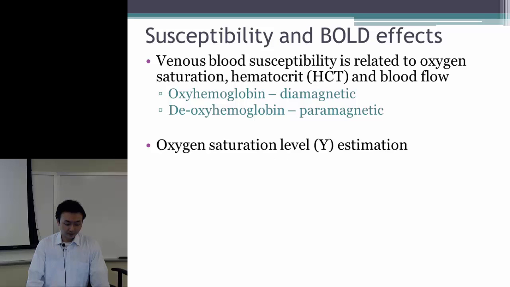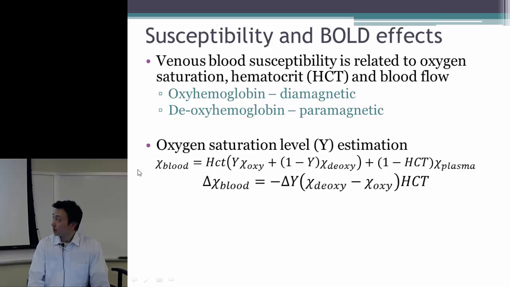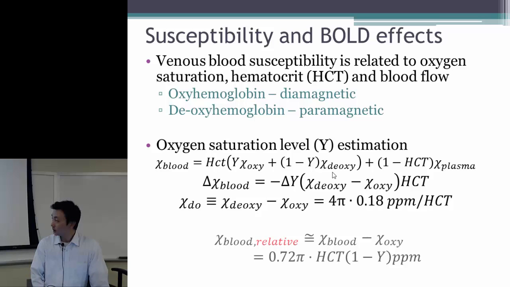So the oxygen saturation, which is the percentage of the hemoglobin being oxygenated, is the basis for the BOLD effect. Most of the time we need to estimate the oxygen saturation level. The susceptibility of the blood is a function of the hematocrit and oxygen saturation, and of course the susceptibility of oxyhemoglobin and de-oxyhemoglobin.